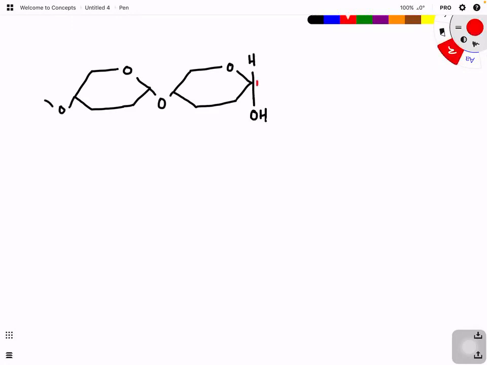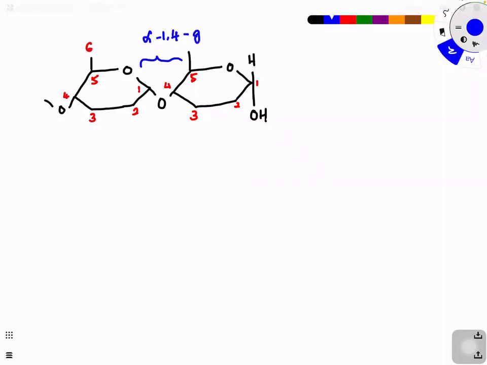This is carbon number 1, carbon number 2, carbon number 3, carbon number 4, carbon number 5, and carbon number 6 outside the ring. Again, carbon 1, 2, 3, 4, 5, and carbon number 6. This part is the alpha 1,4 glycosidic bonds.